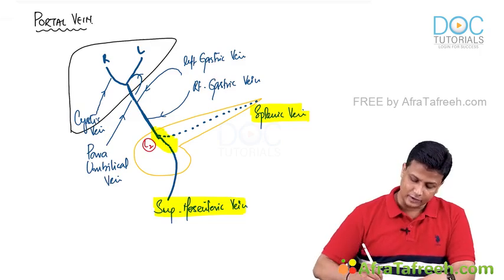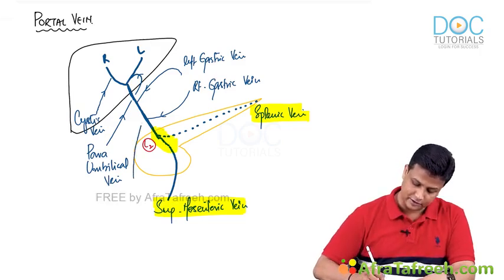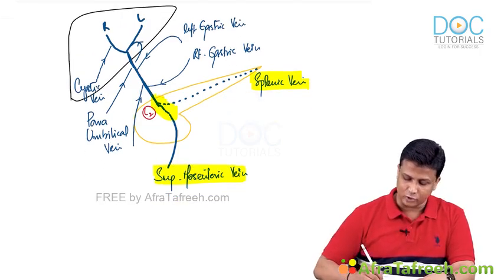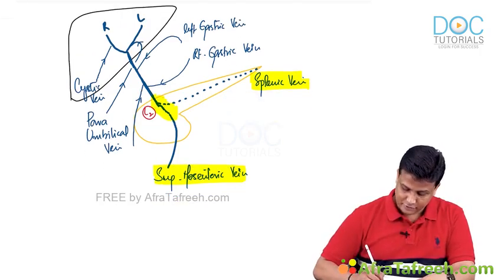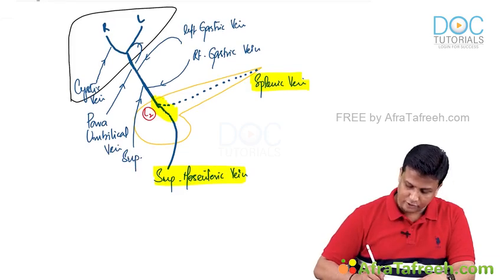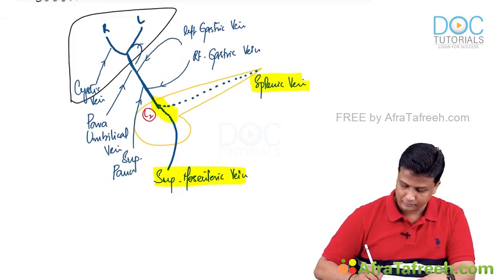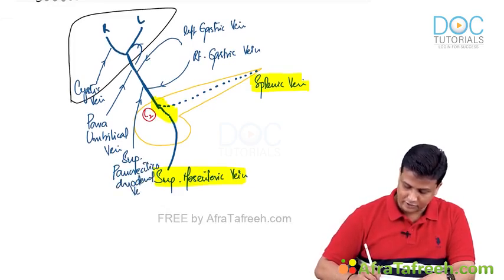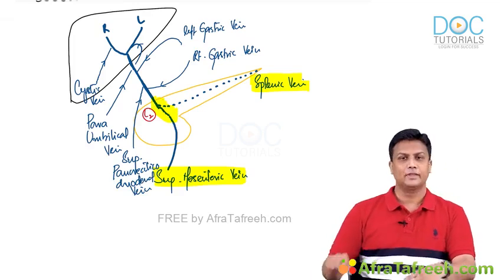And the last and final one which is left out here, let me just draw it here, guys. One more vein, that is the superior pancreatico-duodenal vein. So these are all the veins which are direct tributaries of the portal vein, guys.